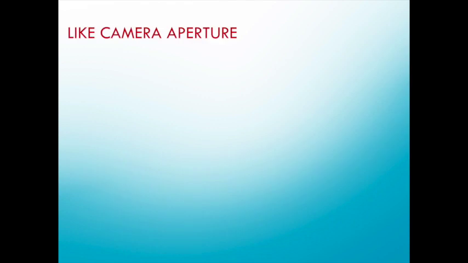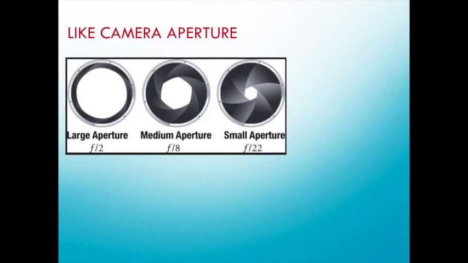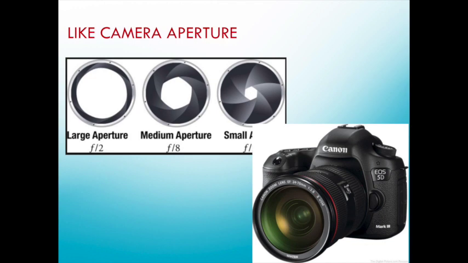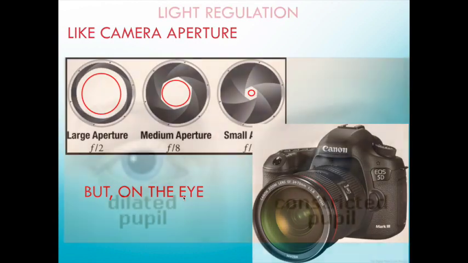So it's kind of like a camera aperture. Anyone who's dabbled in photography will have seen this. If you take a picture in low light conditions, you need to have a fairly large aperture. Of course, the iris is like an aperture, but it's on the eye. So large aperture in photography for low light conditions. And on the eye, the iris will basically constrict in high light conditions, and it will dilate in low light conditions.